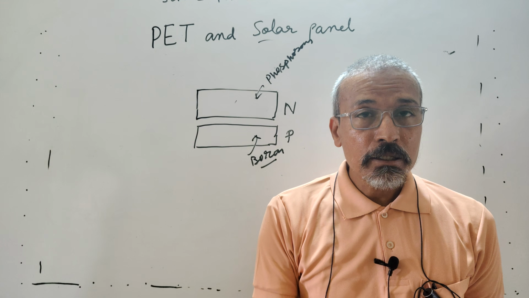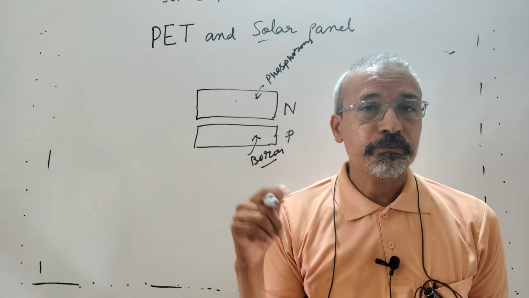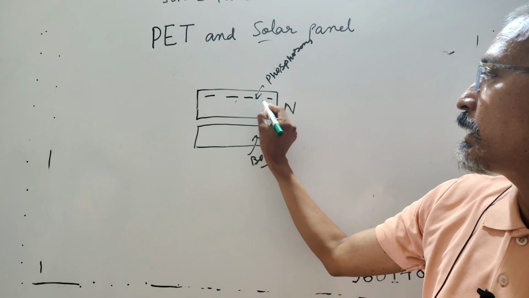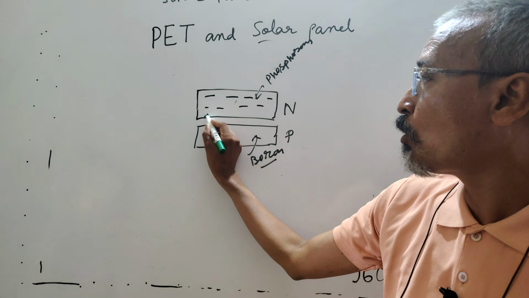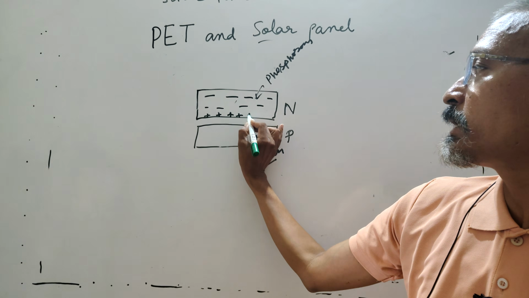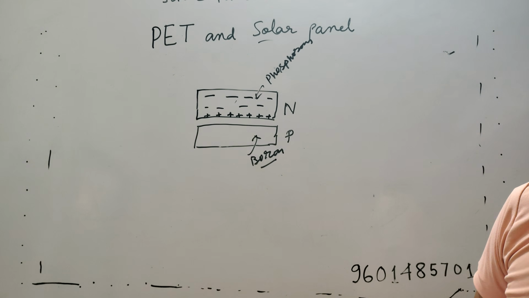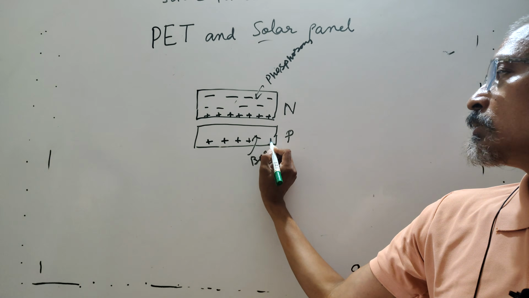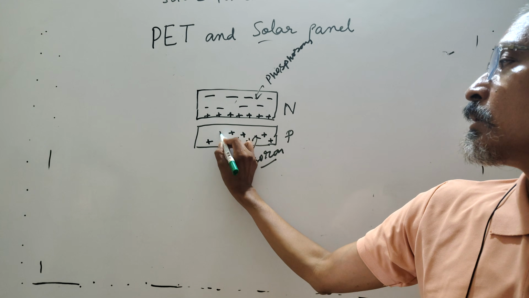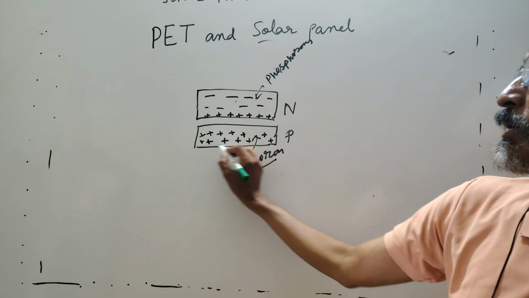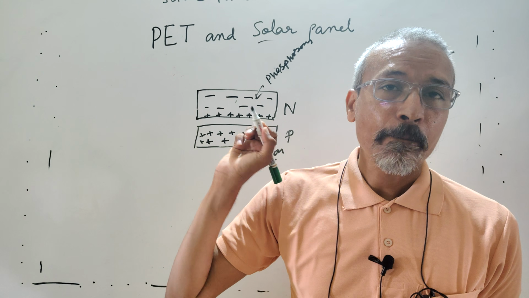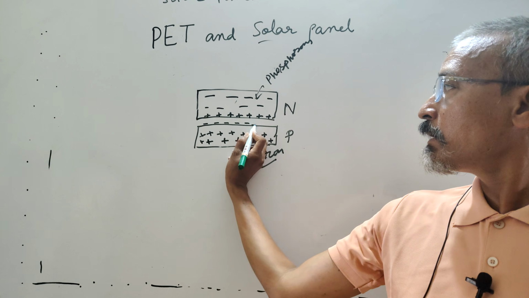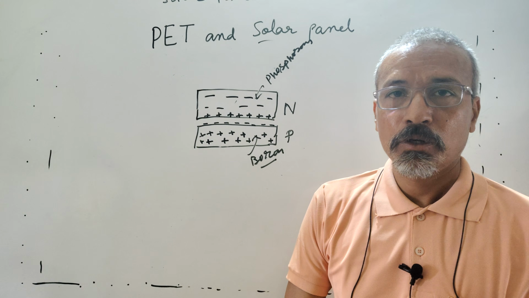But one other important thing is added in this manufactured product: here are the negative charges, okay, but at the border of the n-type silicon there are positive charges, and in the interior of the p-type silicon there are positive charges and there are holes in the p-type silicon, but at the border there is negative charge, okay.